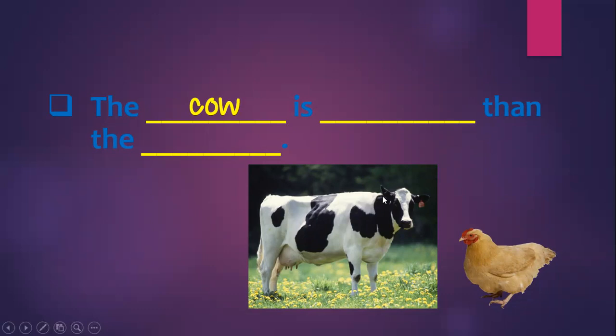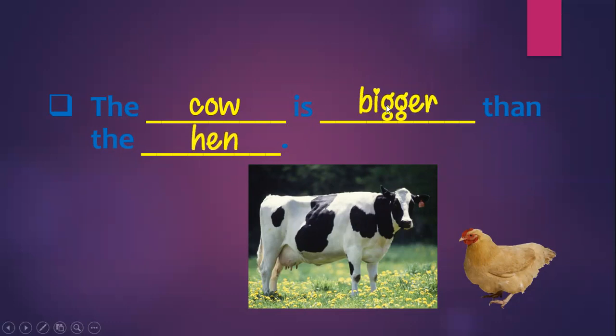So we can use 2 adjectives, big or small. In this case, what do you think? The cow is big or the cow is small? Of course, it's big if you compare this animal with the other. So the cow is bigger than the hen.